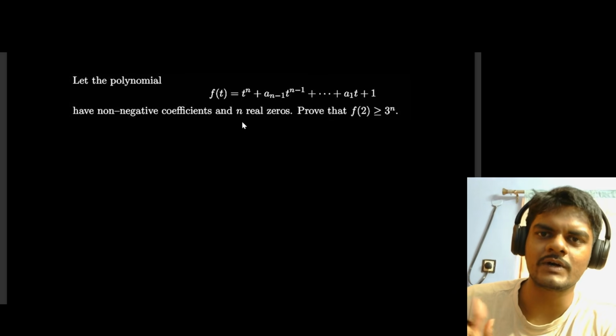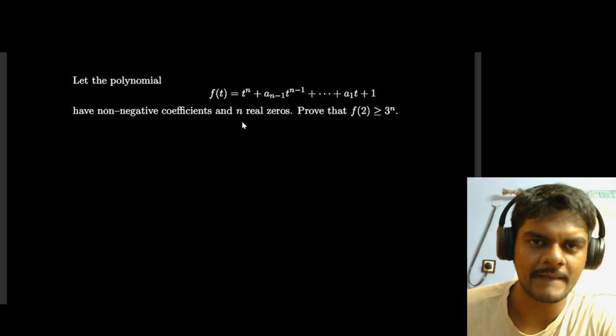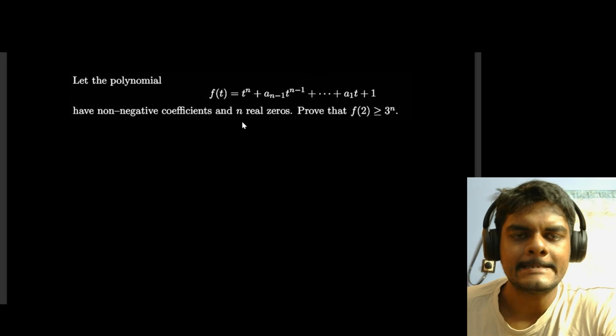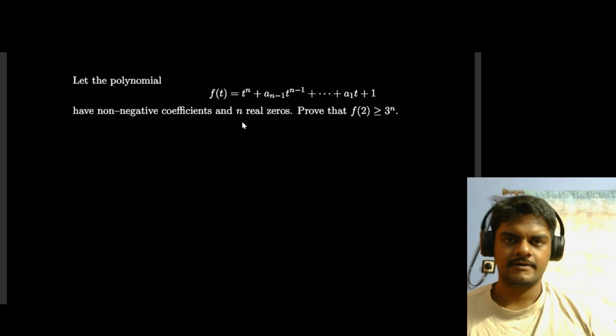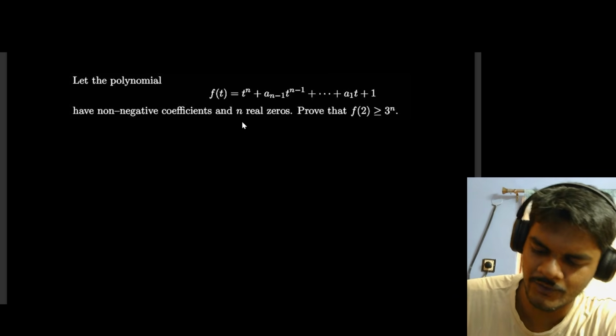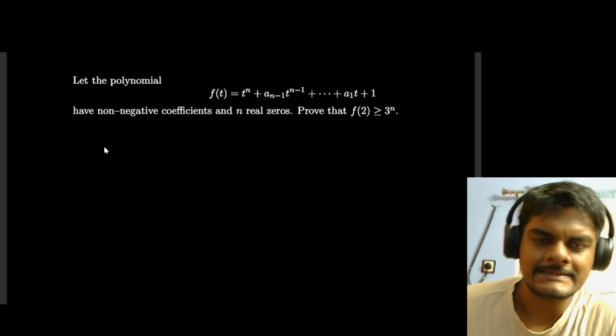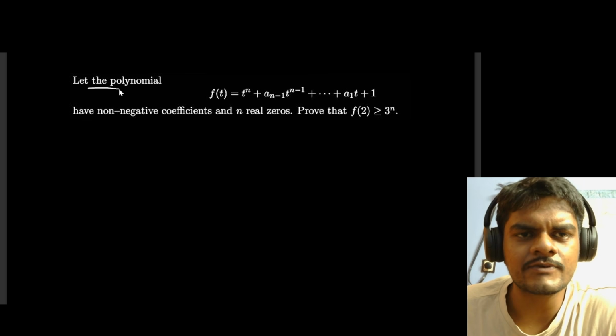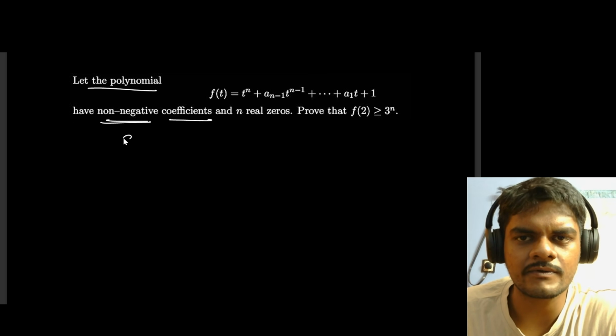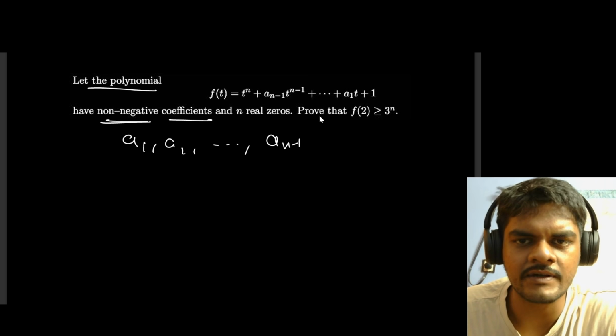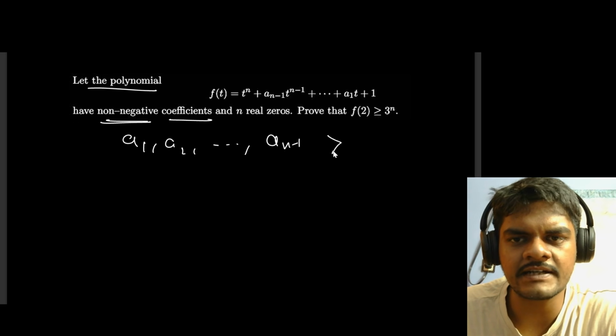Now we are into subjective problem solving. Look at this problem and of course try it out. So what do we say? Suppose, this question says that it has non-negative coefficients, right? So our a1, a2 till a(n minus 1), these are all strictly positive.